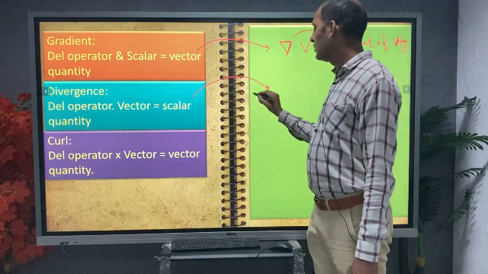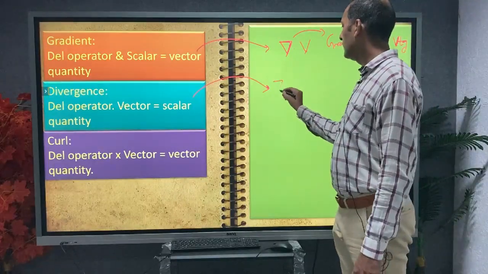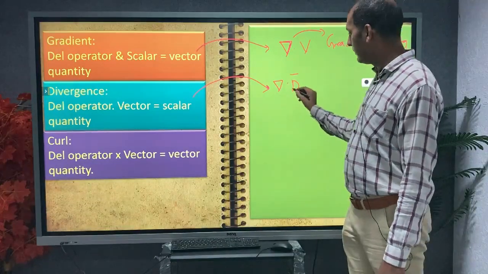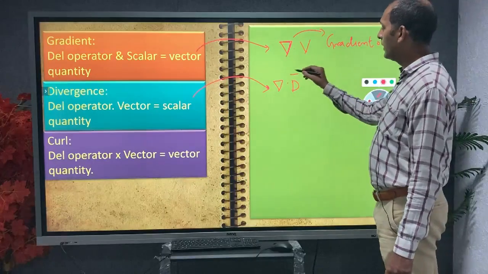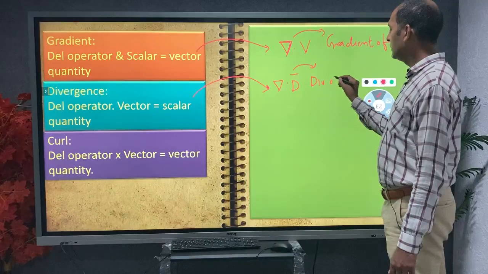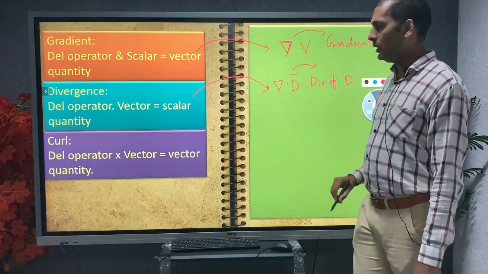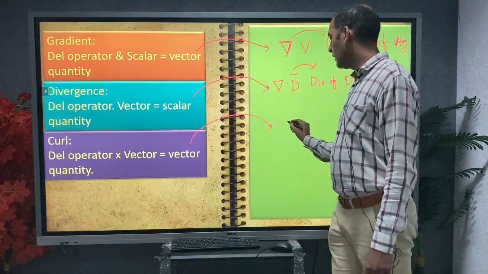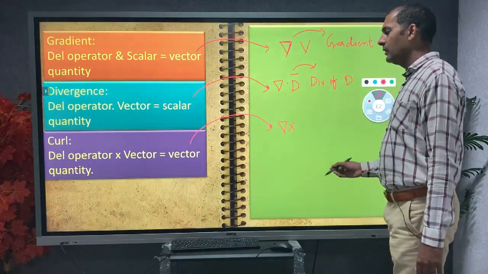Now second one is divergence. Divergence is the dot product of del operator with any other vector. For example, del dot d bar, where d bar is flux density, which is a vector. So this is called the divergence of d. Now curl, if we take the cross product of del operator with any vector, then it is termed as curl.